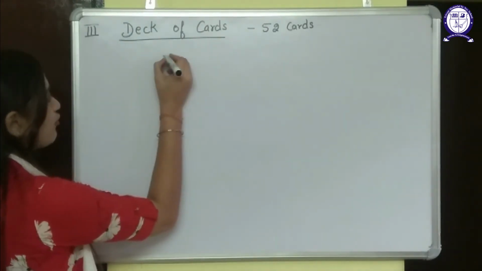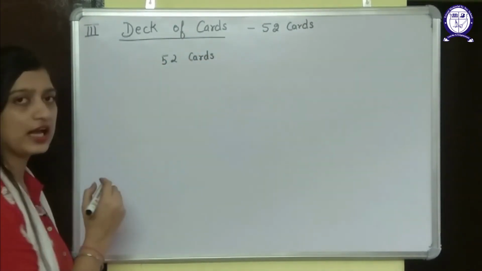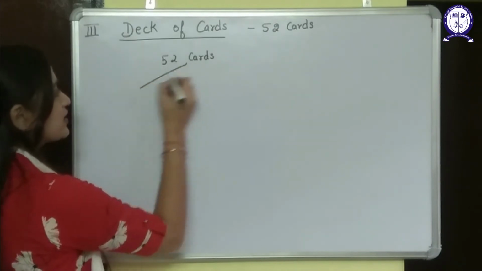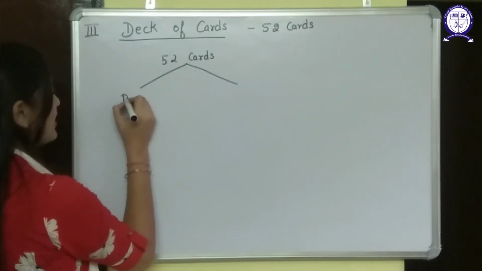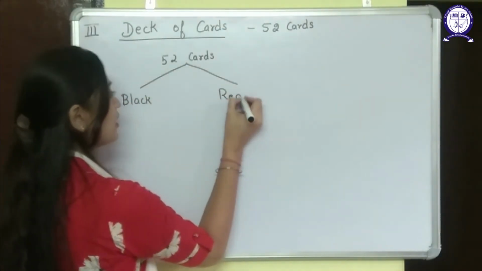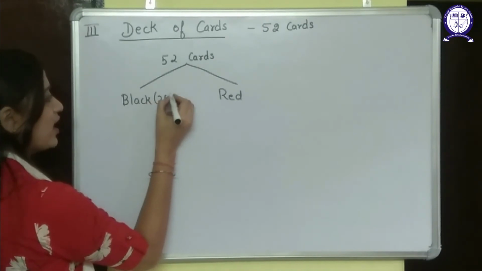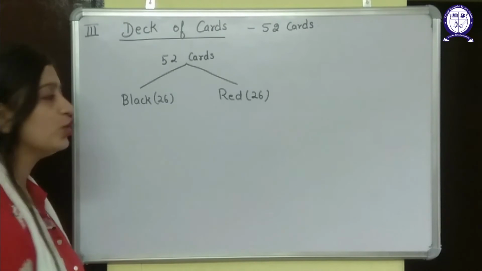Okay, there are 52 cards in a deck of cards. The 52 cards are divided into 2 colors, that is black and red. There are 26 black cards and 26 red cards, that is half of 52.